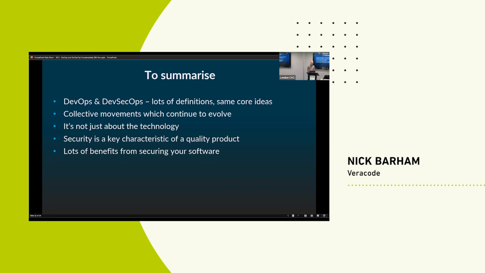But really all it means is considering security as part of the SDLC and building it into the different principles and methodologies that you're using as a core and important foundation for what you're doing to develop software and release it. These are collective movements, right? This talk has been an amalgamation of lots of different ideas, and it is still evolving.